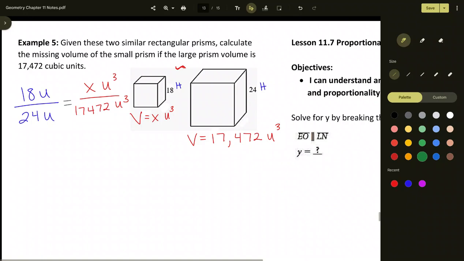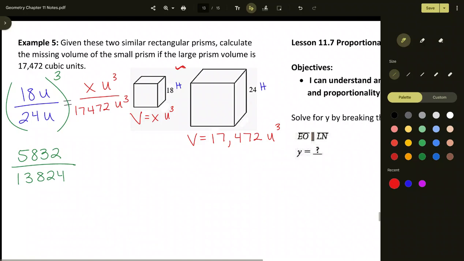But because we are missing the volume, cubic units, we're going to make sure that we cube everything else to get them all to be the same cubic units. So here I'm going to do 18 to the power of 3. That comes out to 5,832. 24 to the power of 3 comes out to 13,824.